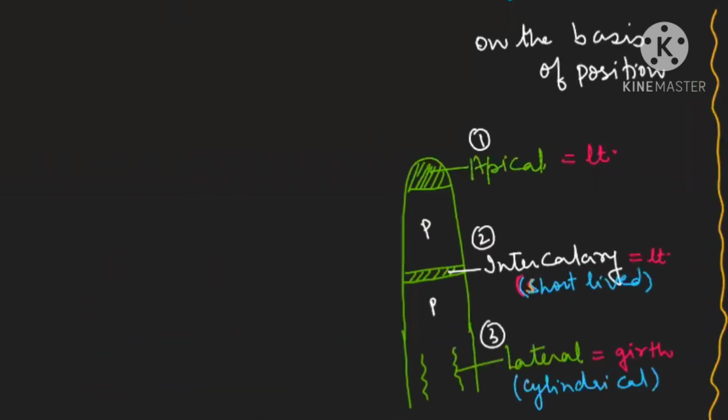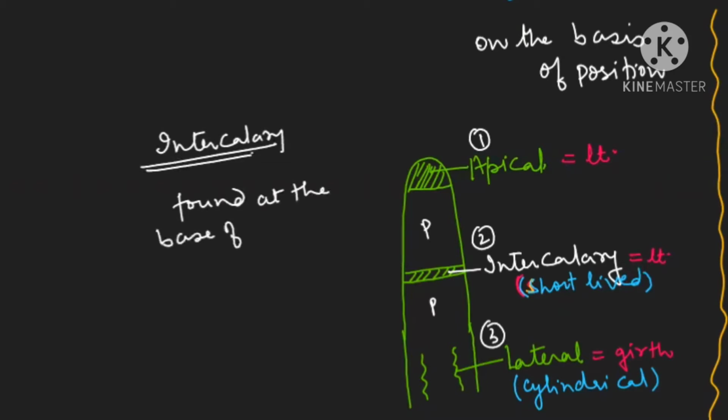Now the main thing is this, try to understand. Intercalary meristem is found at the base of the node. In sugarcane, this is one example I'm giving you.